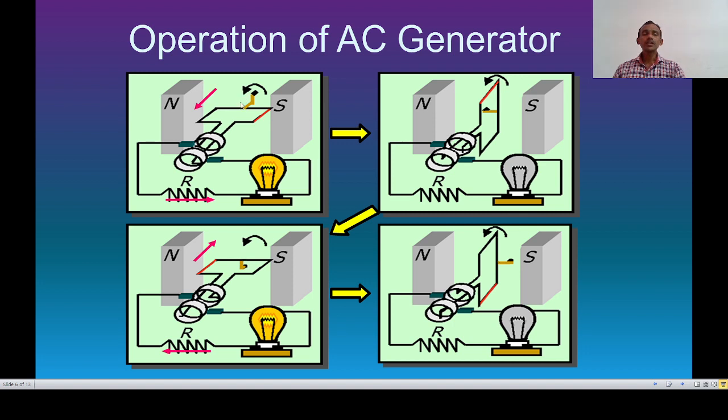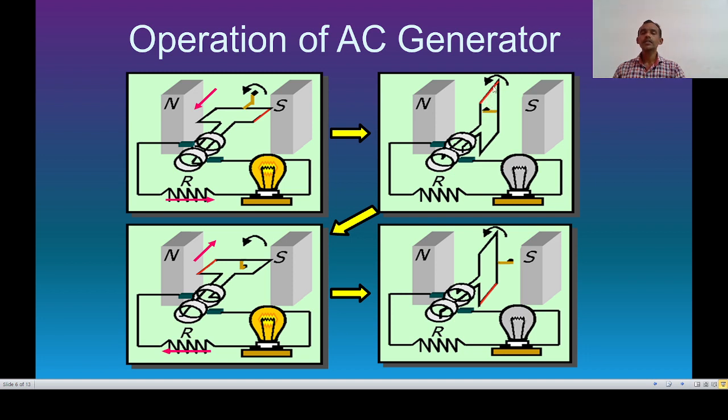Now, if this segment moves parallel to the magnetic field, at this condition no EMF will be induced. In other words, the angle between the area vector of this loop and the direction of the magnetic field is zero now.